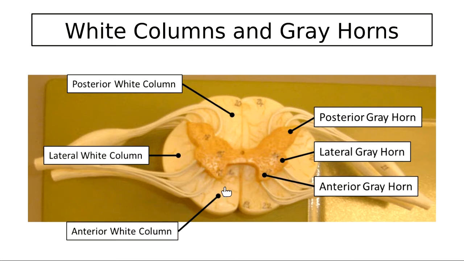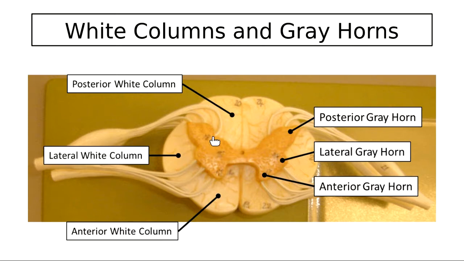So we have gray matter: the nerve cell bodies and dendrites, or unmyelinated axons and neuroglia. So these are not myelinated, and this is the gray matter here. Unmyelinated cell bodies and fibers. That's the gray matter.